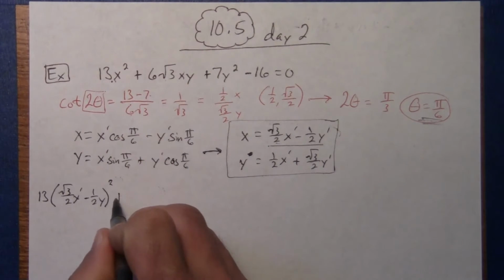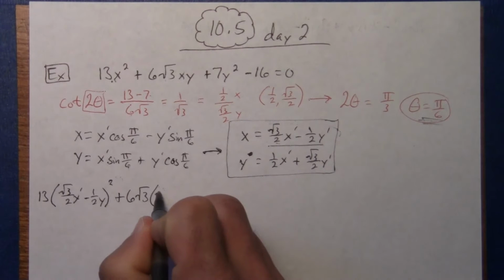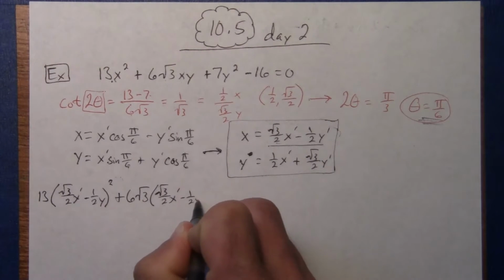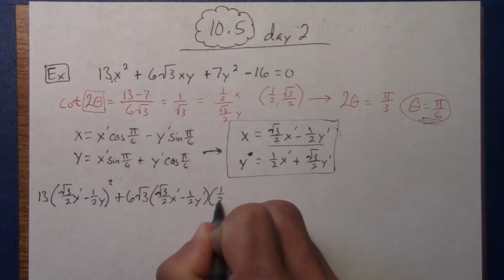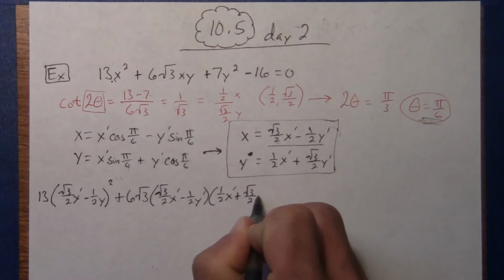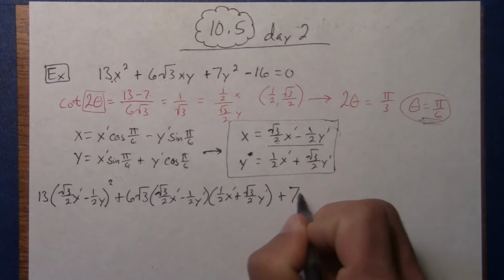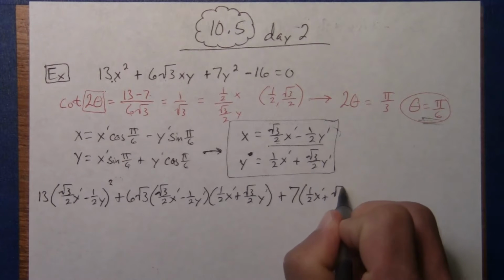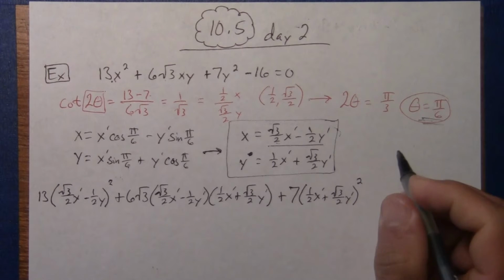Now I've got plus 6 square roots of 3 times x, which is square root of 3 over 2 x prime minus 1/2 y prime. There's x, times y, which is 1/2 x prime plus the square root of 3 over 2 y prime. Plus 7y squared, so 1/2 x prime plus the square root of 3 over 2 y prime, there's y squared.